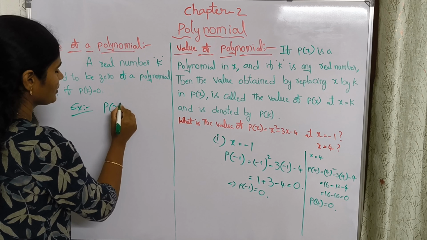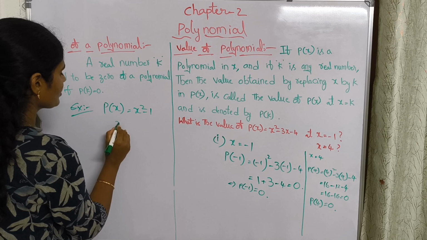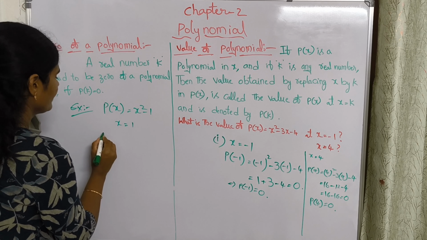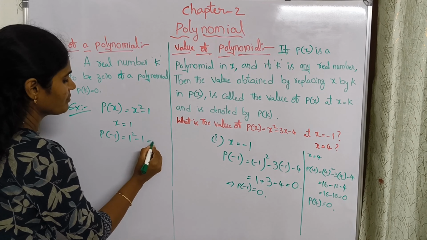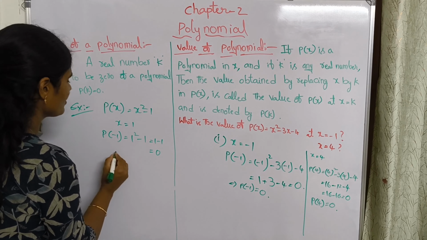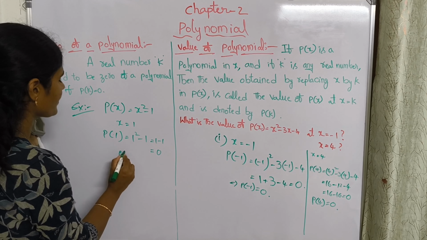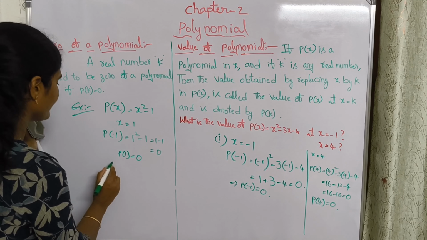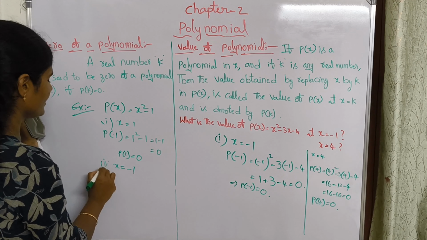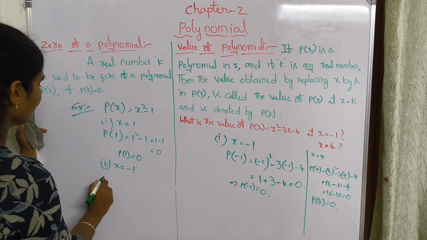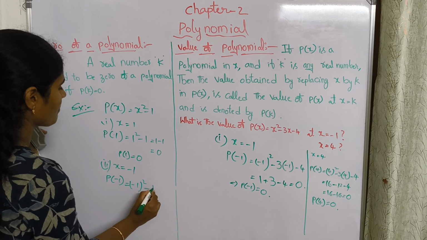Here you take one more example. This is the p of x equal to x square minus 1. You substitute here x equal to 1. So p of 1 equal to 1 square minus 1, 1 minus 1, 0. So p of 1 equal to 0. And again you take x equal to minus 1. P of minus 1 equal to minus 1 whole square minus 1.